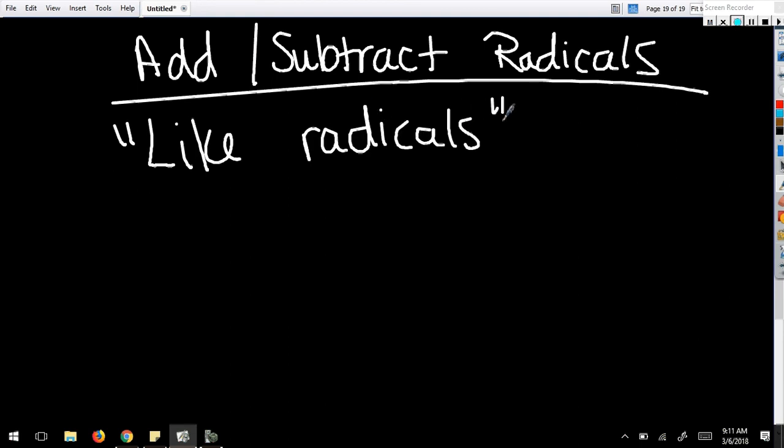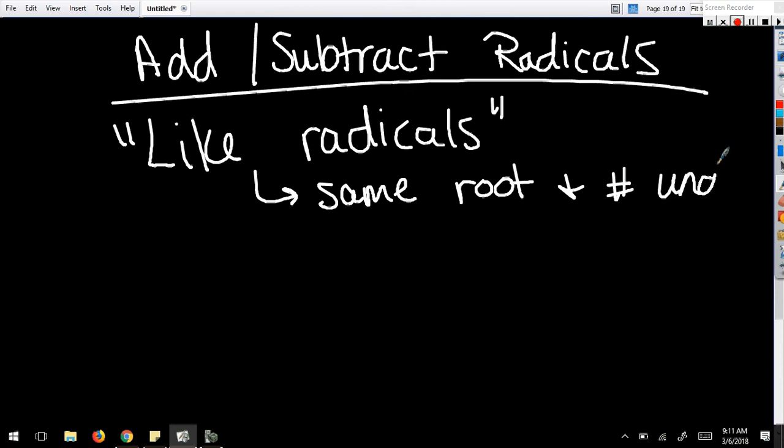Like radicals have the same root and radicand, but I'll put number under radical so you know what it means in your notes.